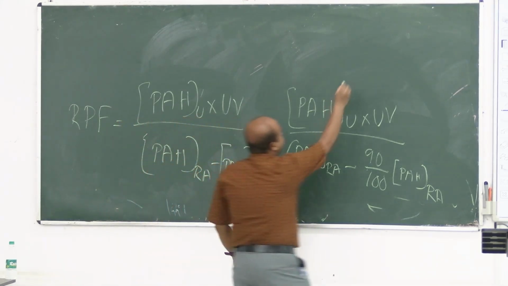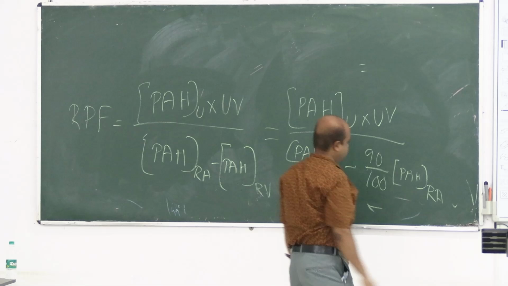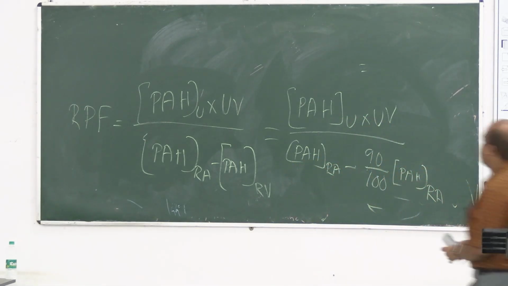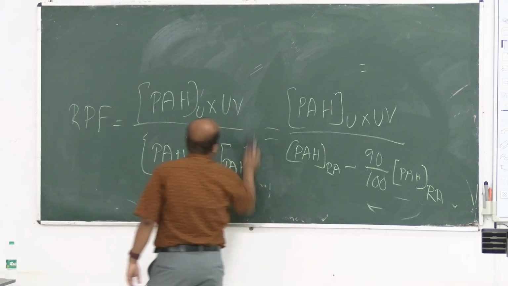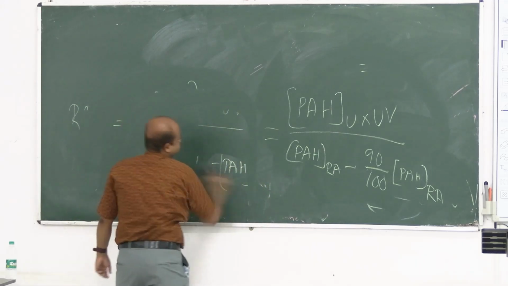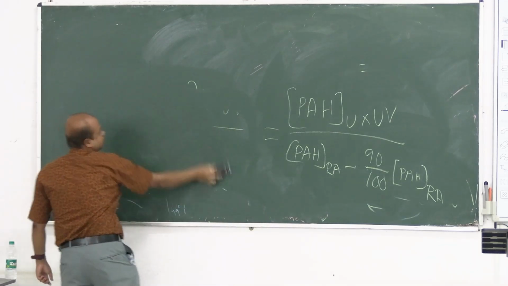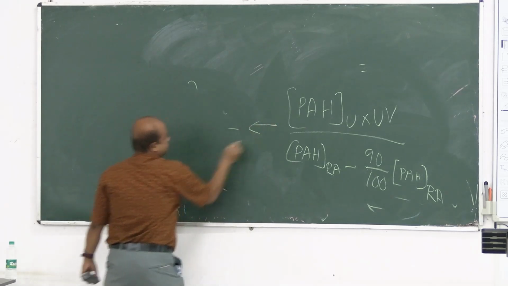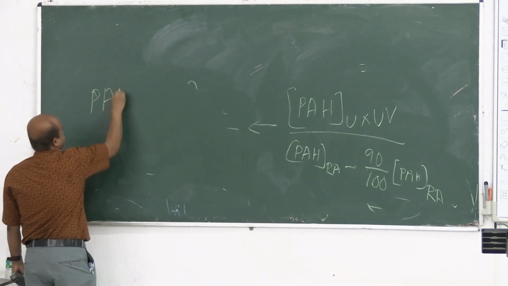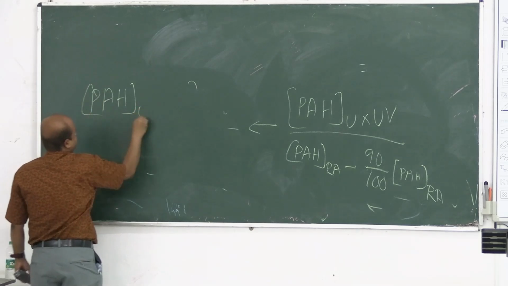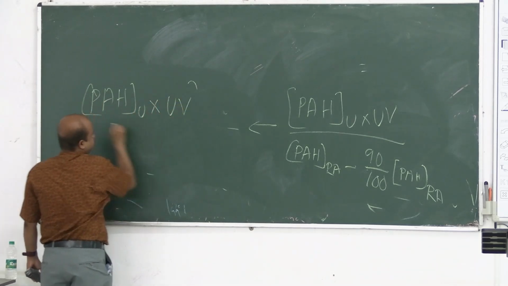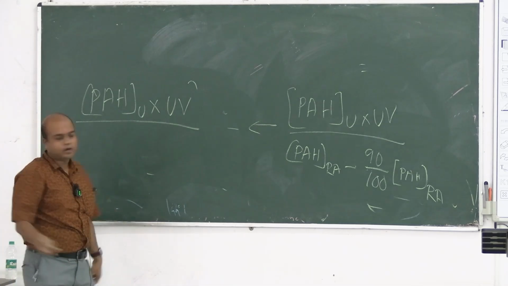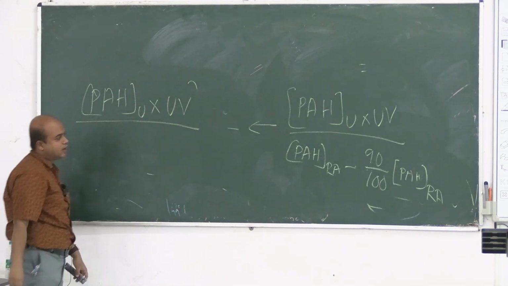So this is 90 by 100, which is 0.9. That means 9 by 10.